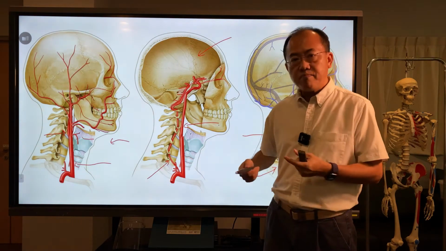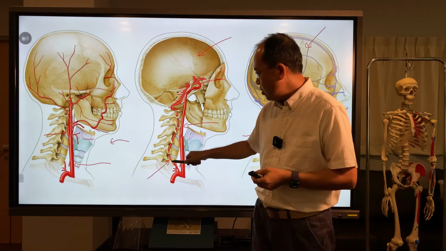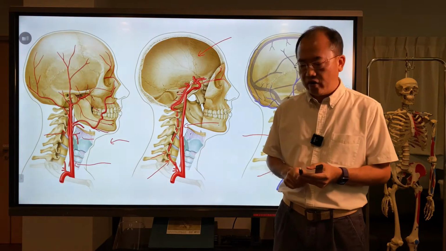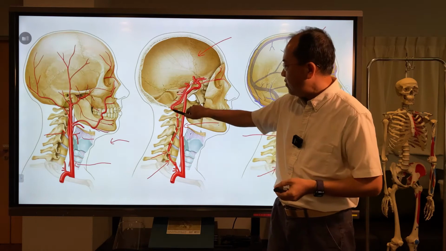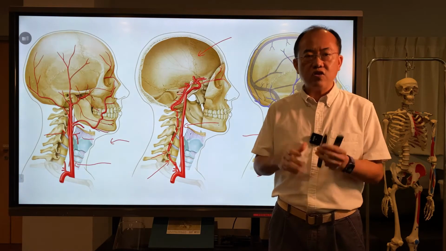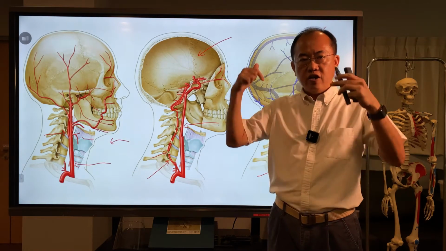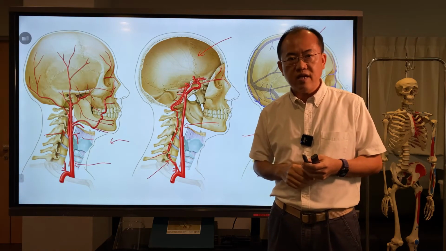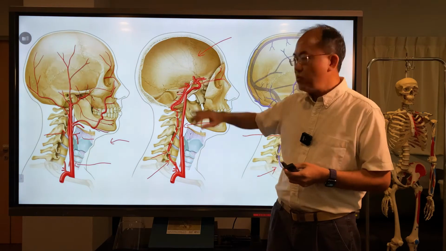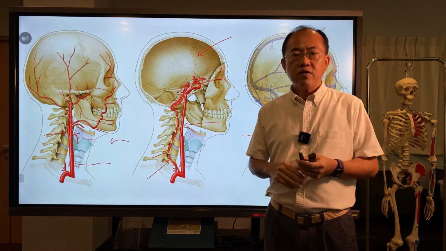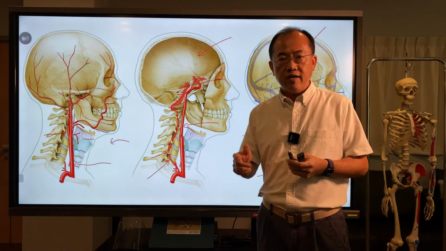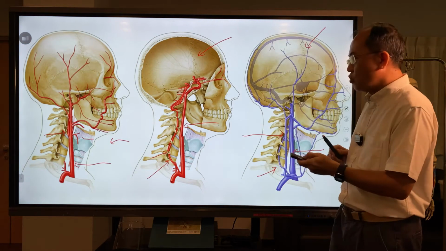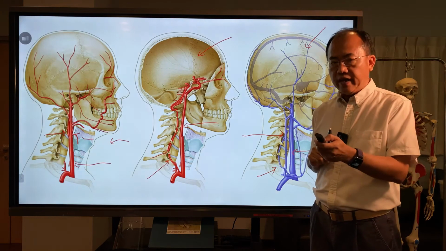It's a deep branch of the subclavian that runs towards the cervical vertebra, enters into the foramen transversarium, and finally enters into the cranial cavity together with the internal carotid artery. They form a circle to supply the brain and structures within the cranial cavity. We'll go into more detail when we do the cranial cavity in week 3, all right? Okay, so let's go back to the external carotid artery and branches.